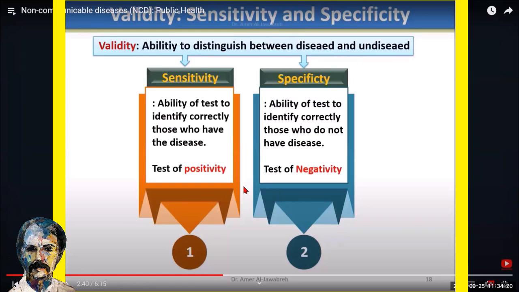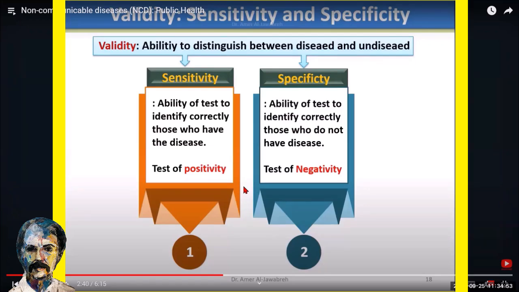In some cases, the test can detect analyte B and also analyte C and analyte A. How come? This is not specific. If the test can detect B, A and C, then the test is not specific. If there is no B, then I will get positive because of A. If there is no B, then I will get positive because of C. Why does this happen?